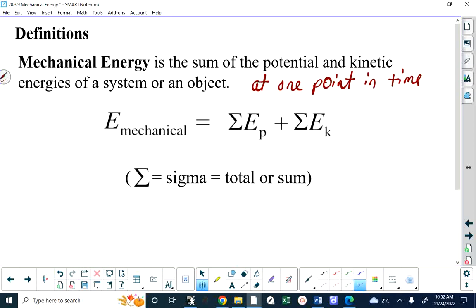If this pendulum rises to the same height that I dropped it from, which essentially it does, that means the mechanical energy it has at this point when I let it go is equal to the mechanical energy it has at this point when it returns, which means the mechanical energy stays the same everywhere throughout this pendulum motion.